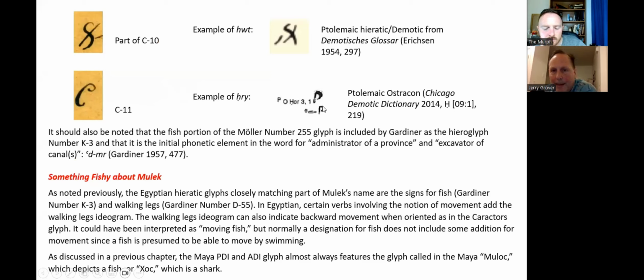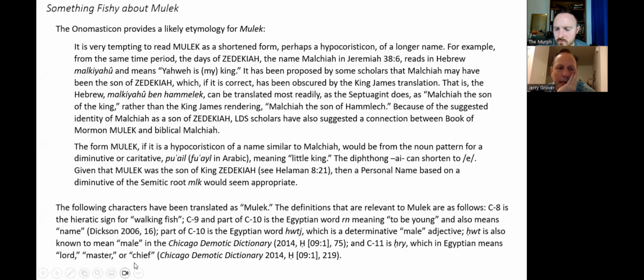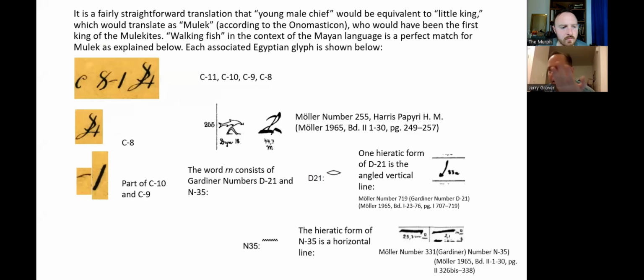You can see it's not a perfect match, but it does curl over in the demotic. This one's a pretty good match. Yeah, it looks quite similar. HWT. And that's where I said that means Lord, Master, or Chief. So that's why I gave you the definition of young male chief, and here's how I'm showing you the Egyptian that matches the characters document that means young male chief.